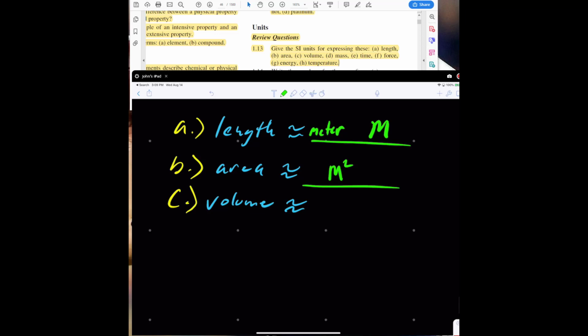Okay. Volume. Volume is like doing length times width times height. So that's three-dimensional. So that's meters times meters times meters. So that would be meters cubed, right? Meters cubed.